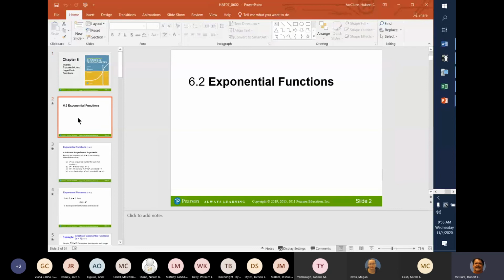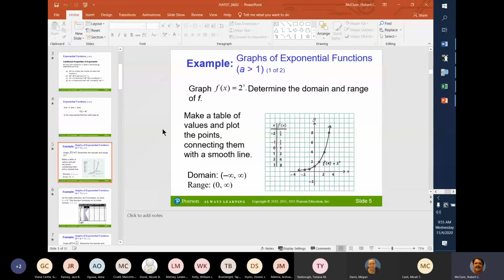We talked a little bit about exponential functions. I told you a good one is f of x equal to 2 to the x power. We talked a little bit about this, and I told you this was going to be your decay and half-life, carbon dating type questions.